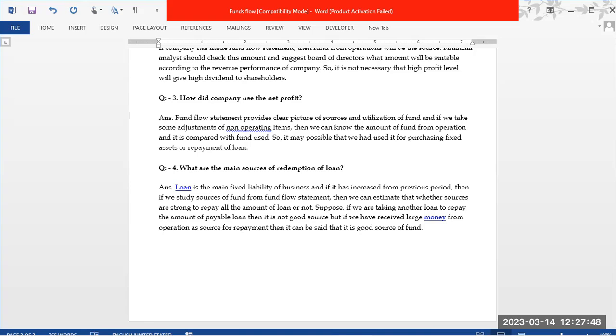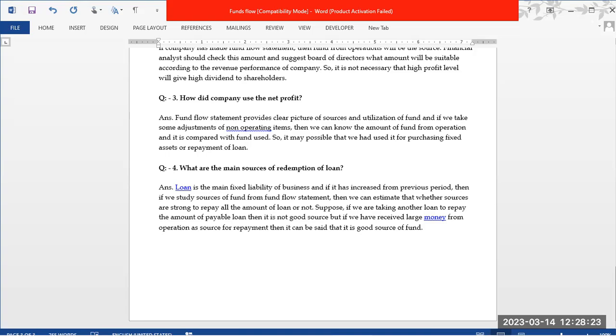Last, what are the main sources of redemption of loan as far as fund flow is concerned? The answer is, loan is the main fixed liability of business. If it increased from the previous period, then if we study sources of fund from the fund flow statement, we can estimate whether sources are strong enough to repay all the amount of loans or not.